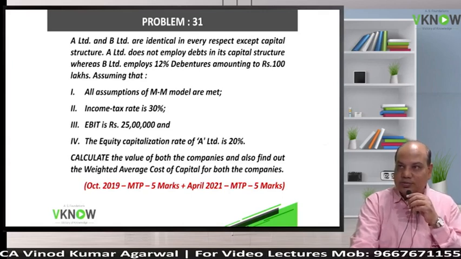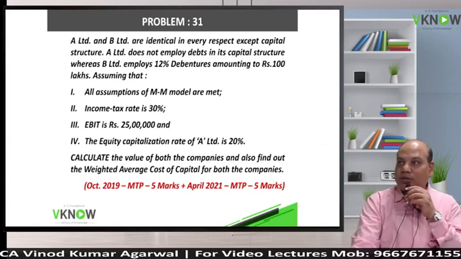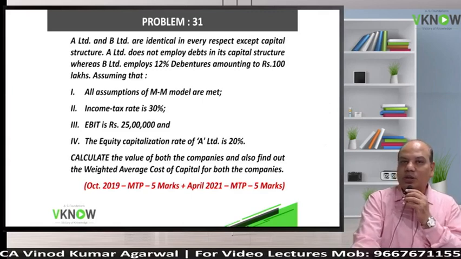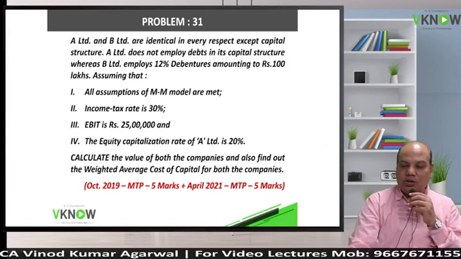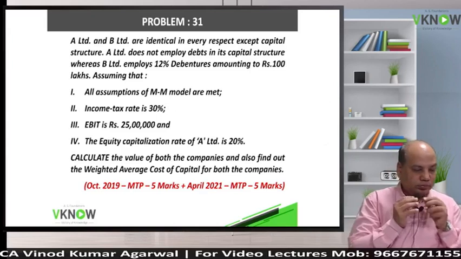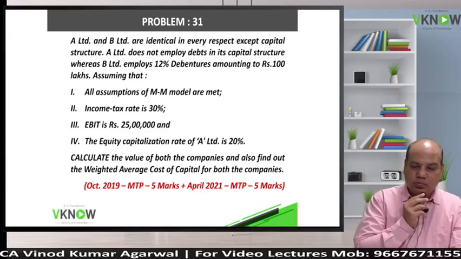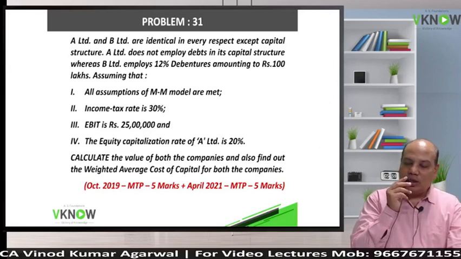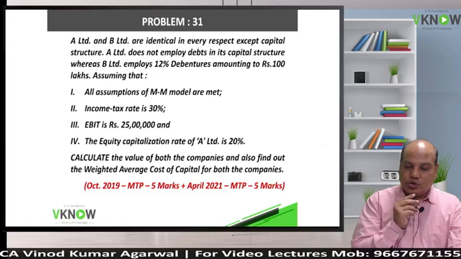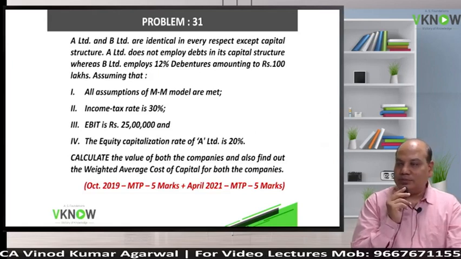A Limited does not employ debt in the capital structure, whereas B Limited employs 12% debenture amounting to rupees 100 lakh. So tell me, which is the levered firm in this example? B Limited is the levered firm. Which is the unlevered firm? A Limited. Wonderful.